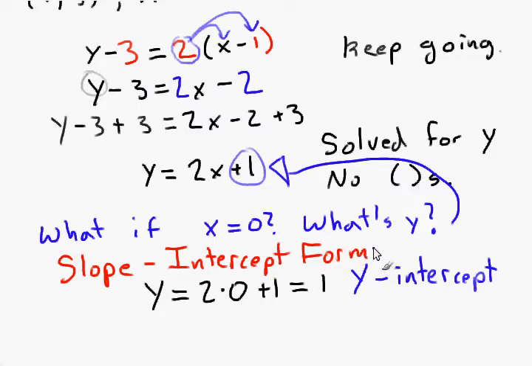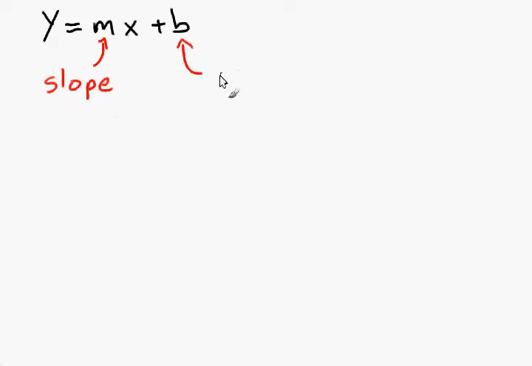Let's do some more with the slope-intercept form. Now the equation for it is y is equal to mx plus b, where again m is the slope, and b is the y-intercept.